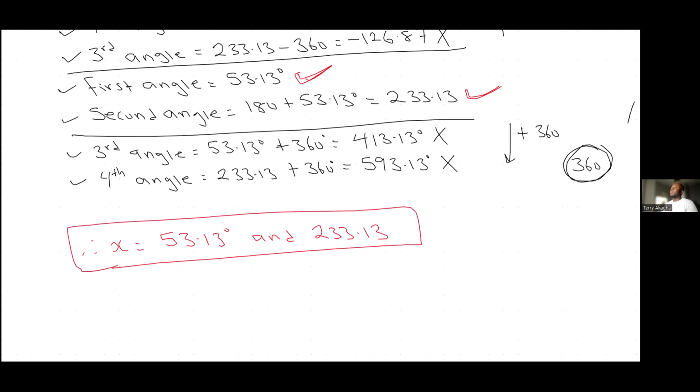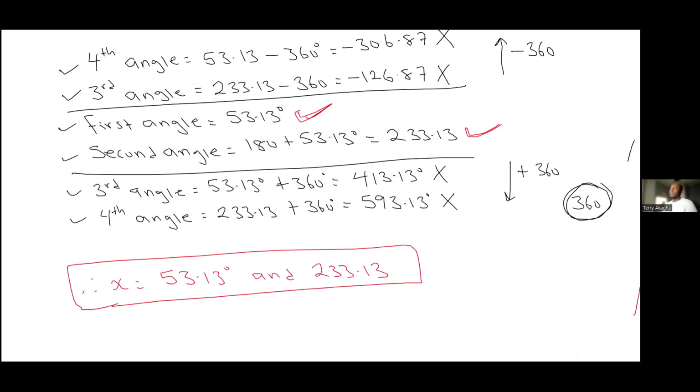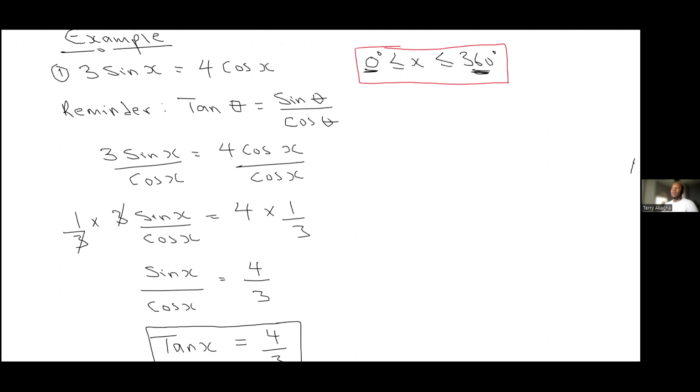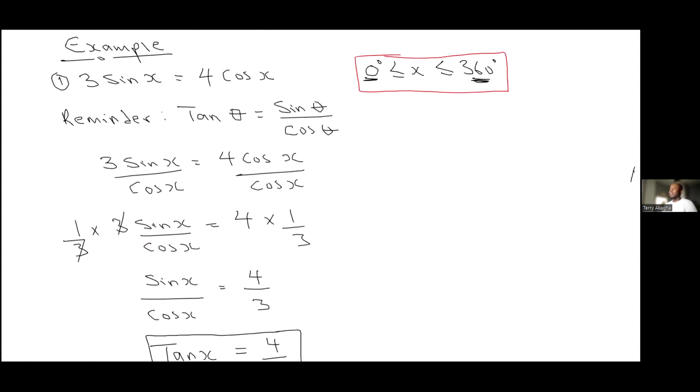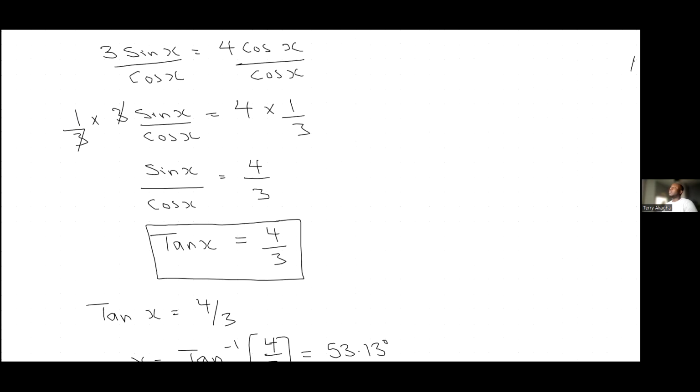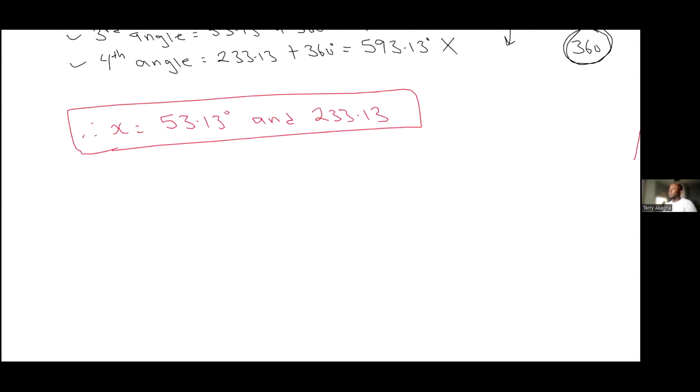Okay? And that is the answer for that. So that's how you solve the question, and that's how you know the value of x that will satisfy this trig identity. All right, let's pick another question now, number 2.